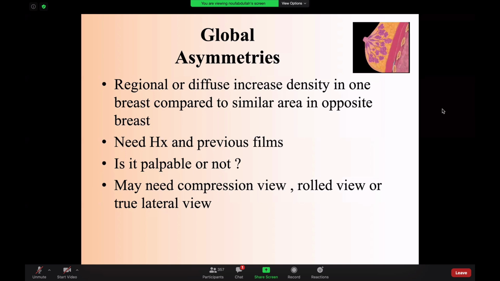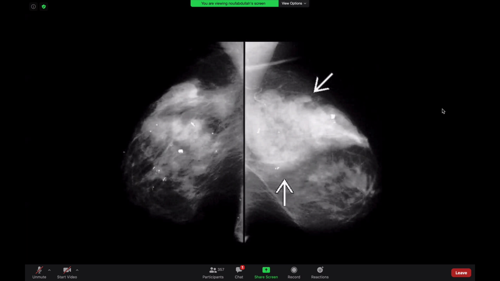If this is the first time the patient is coming, you ask if she has any palpable finding in that area. Then you probably need to do a compression view, roll view, a true lateral, or tomosynthesis imaging.